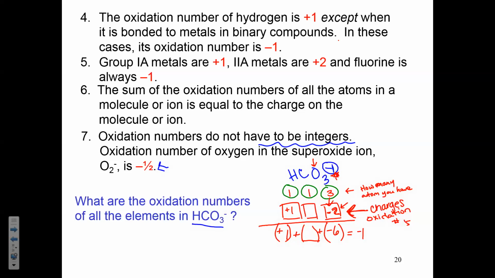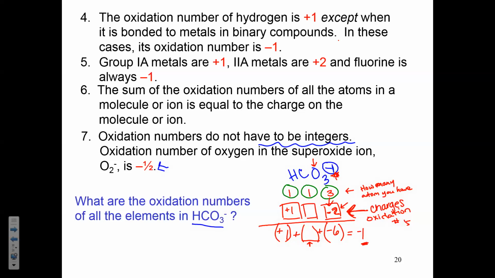Right now, if we take a -6 and add it to a +1, we end up with a -5, and that's not what we want. We want a -1. So what number could we put here to cause this to be a -1?